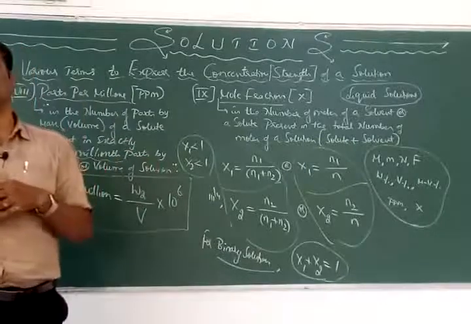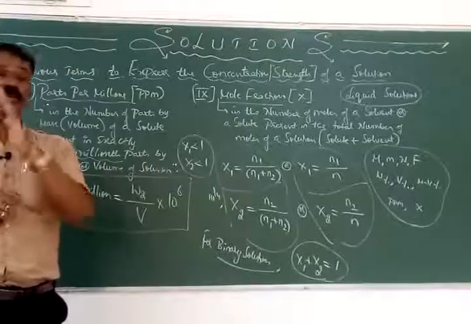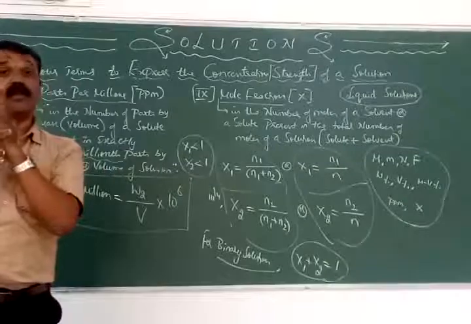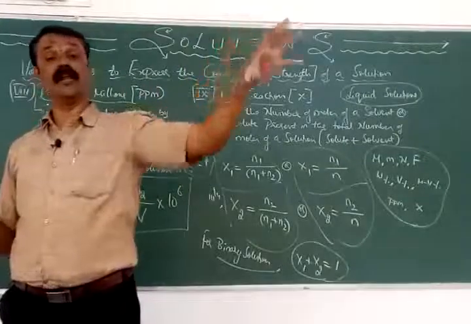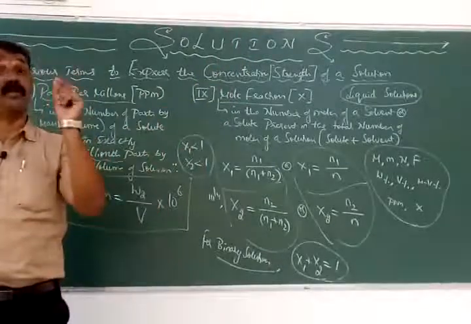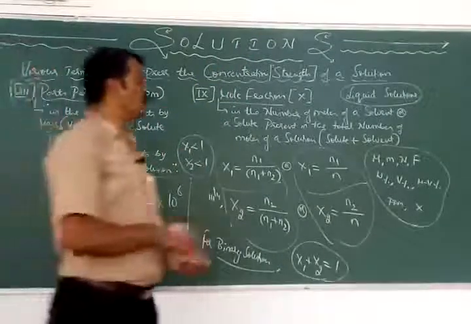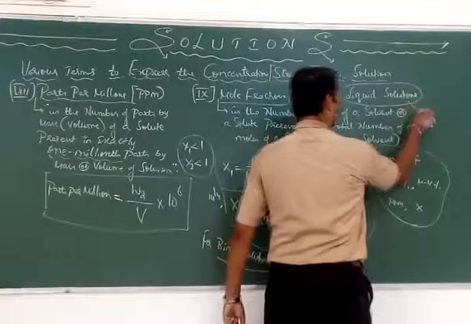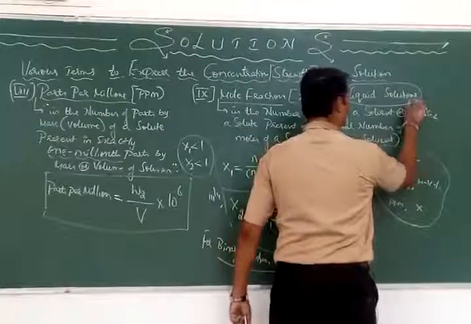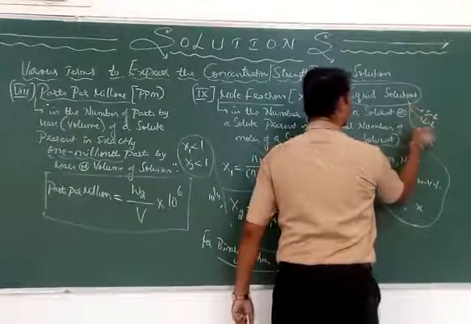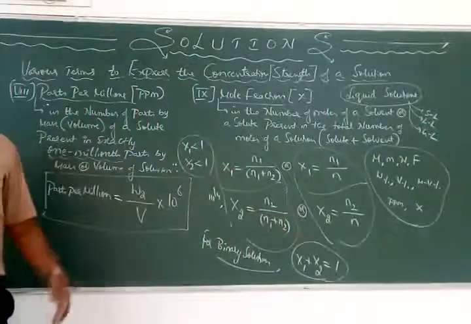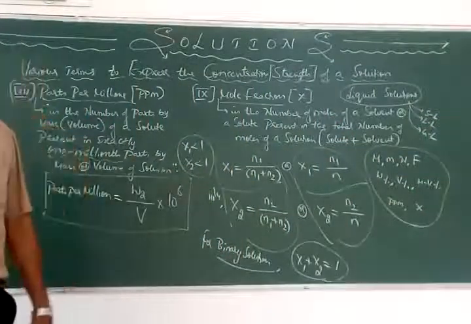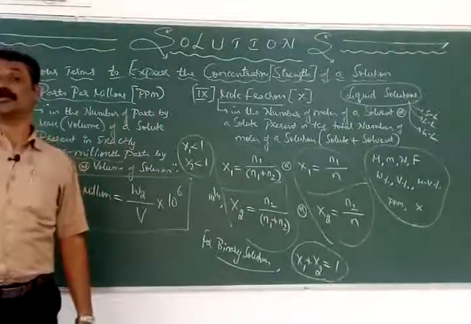Means solvent is fixed. What is that? Liquid. What is the solute? Either it may be a solid or a liquid or it may be the gas. And that particular combination is called as what solution? Liquid solution. So here, we know that this is having 3 types. What is that? SL solution, LL solution, and then the GL solution. Means solid liquid solutions, liquid liquid solutions, and finally the gas liquid solutions.